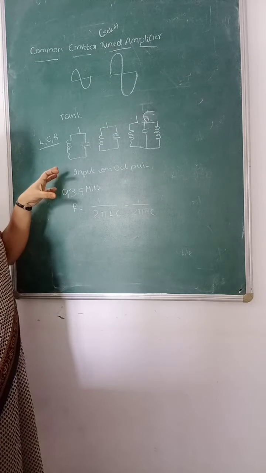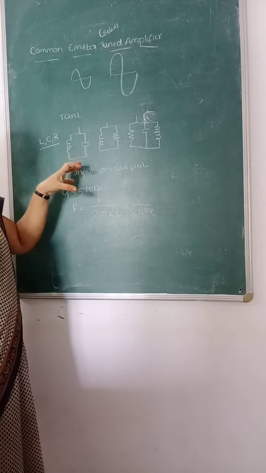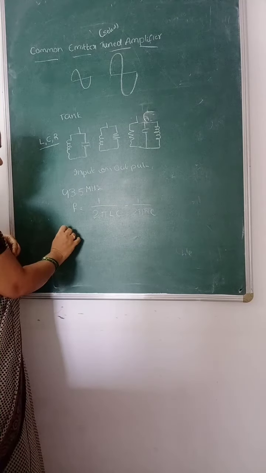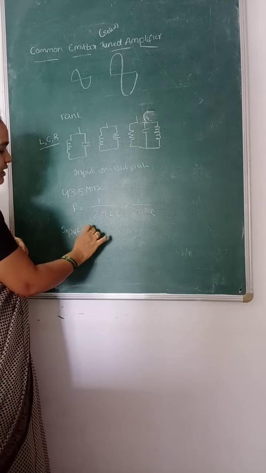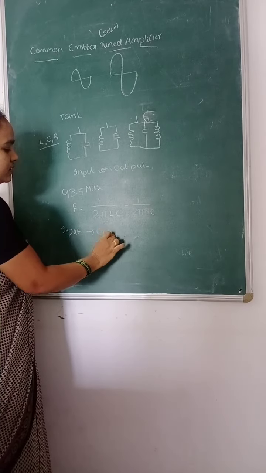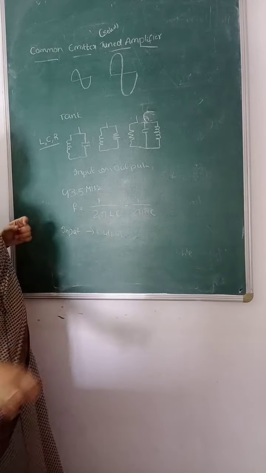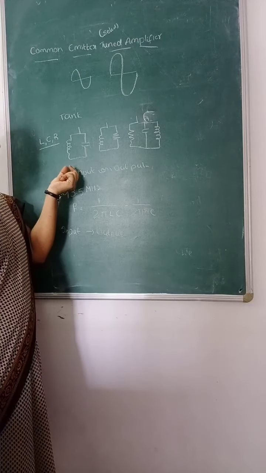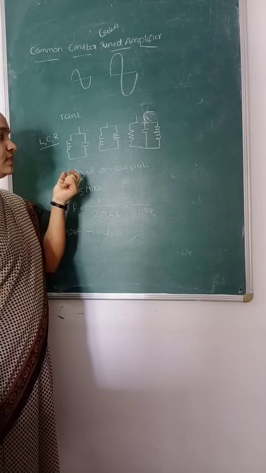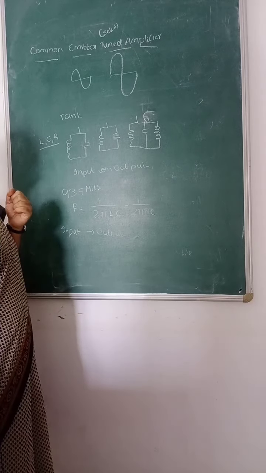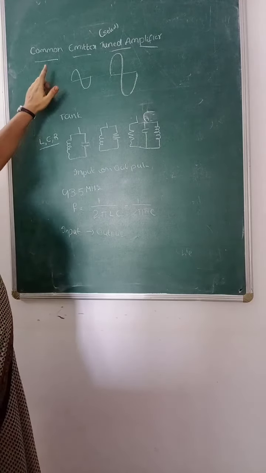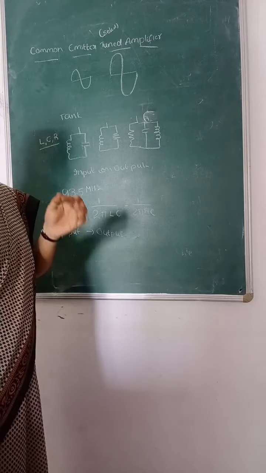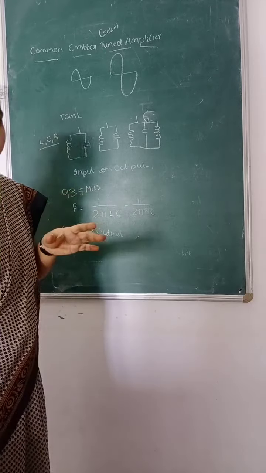We can select the frequency from the input circuit or from the output circuit. The amplifiers which have the tank circuit in the output or the input sections are called tuned amplifiers. If it is connected in common emitter configuration, it is called a common emitter tuned amplifier.